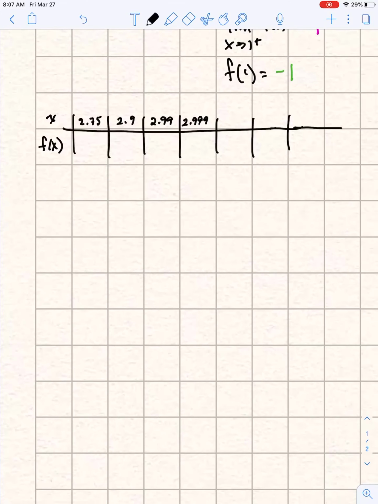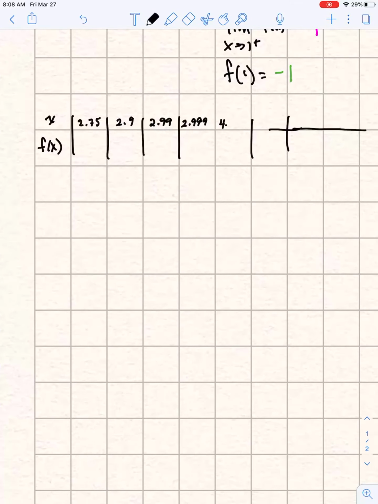Let's do a similar thing, 4.0, oops, I don't want 4, I want 3. Okay, erase that. Let's do 3.001, 3.01, 3.1. Let's have that as our values.